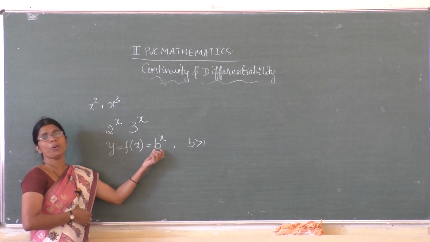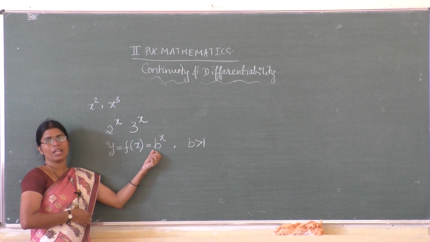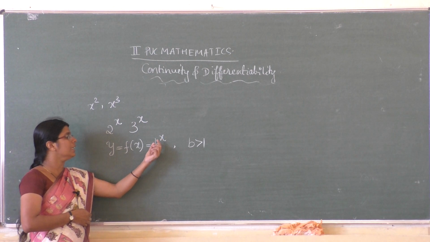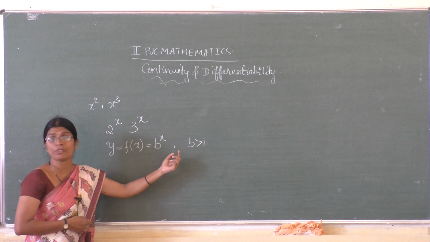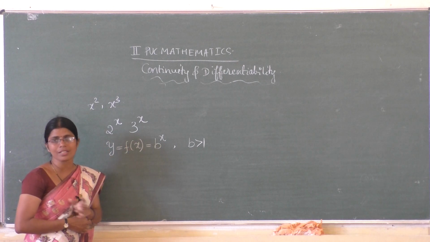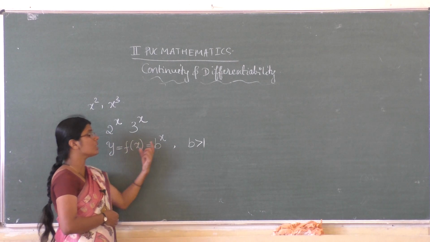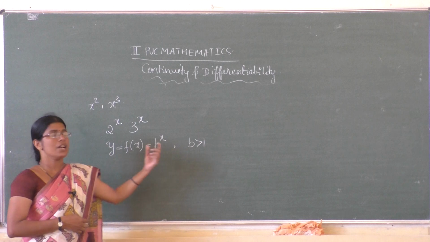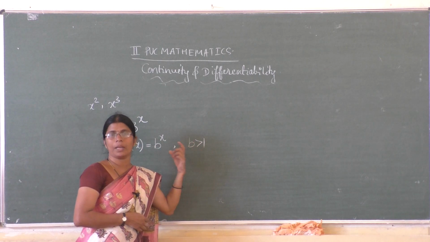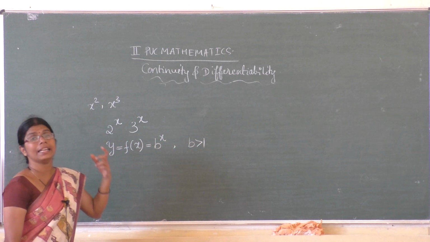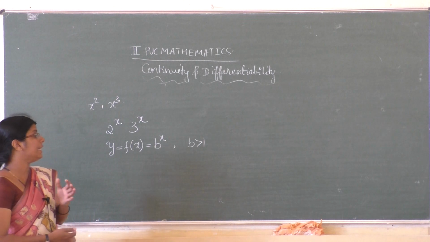What about the domain? Domain means for what values of x this function is defined. This function is of the form b to the power x, where b is greater than 1 and it is a positive real number.